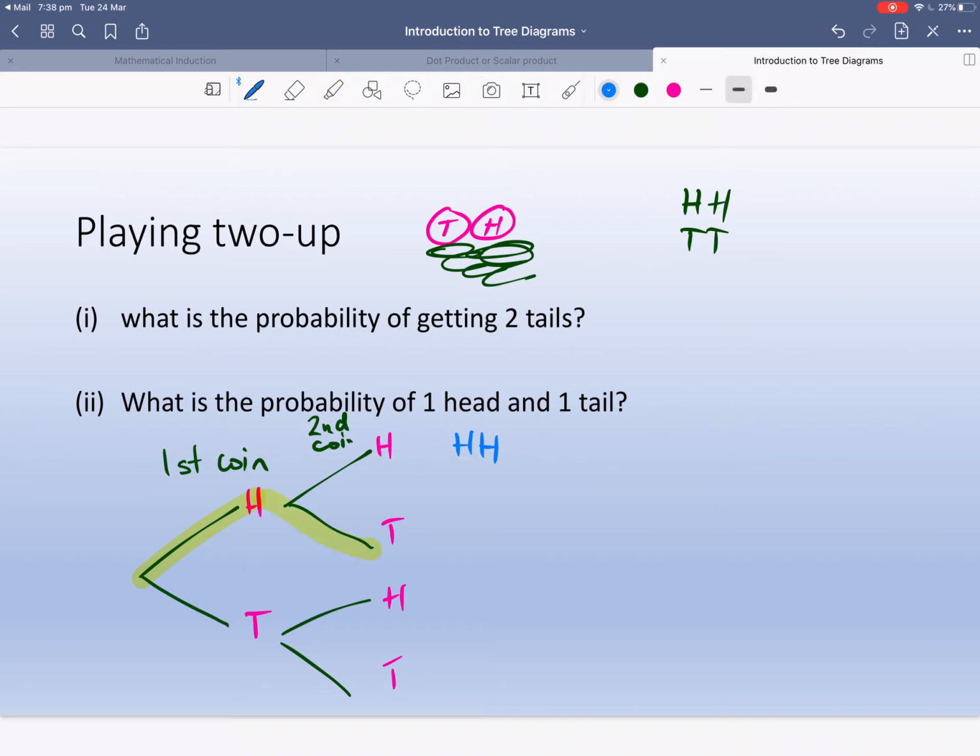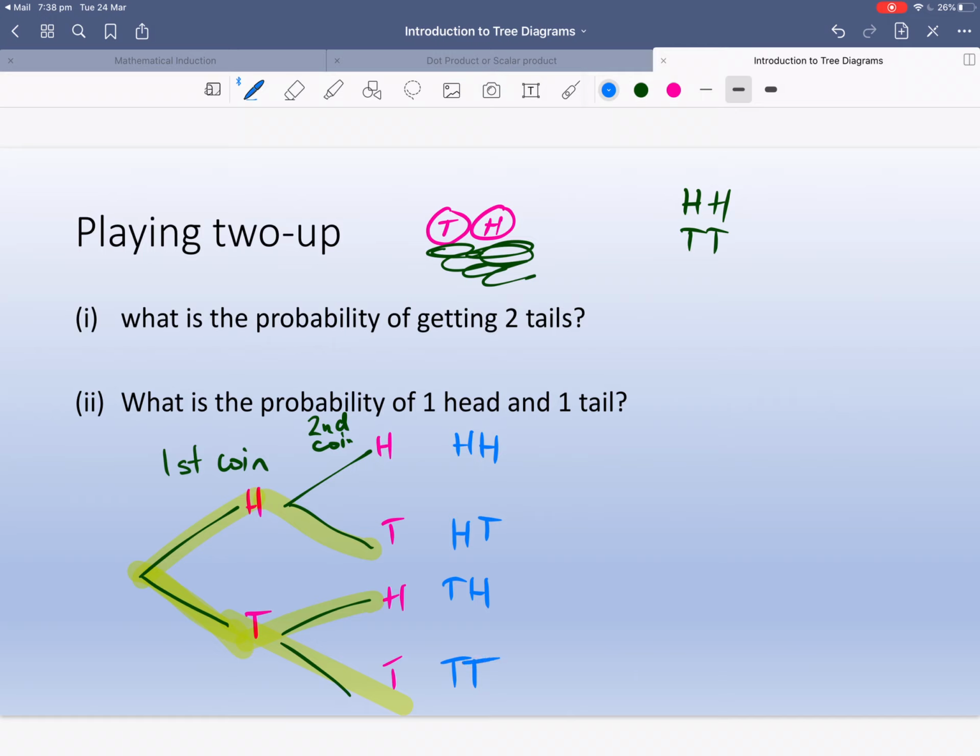Heads, then tails. And then we can follow this one where we get tails first and then heads. Or we can get tails and then tails, right?